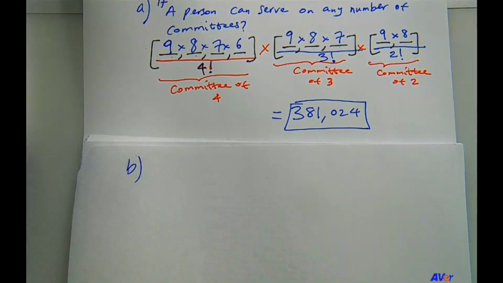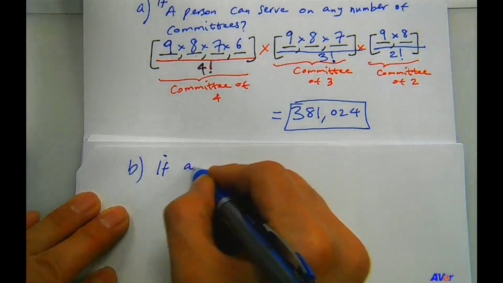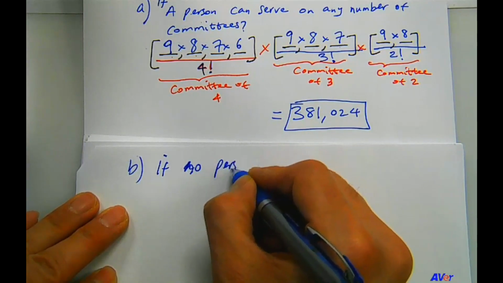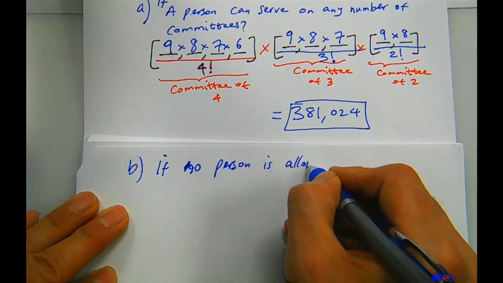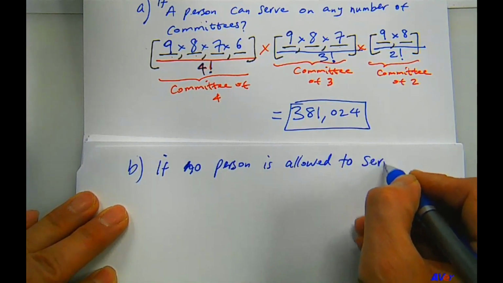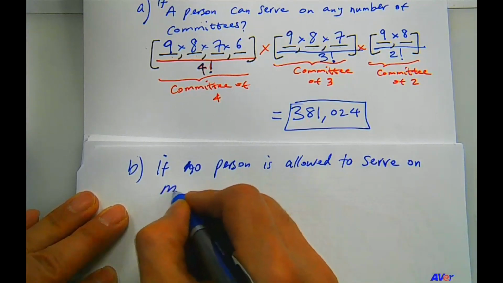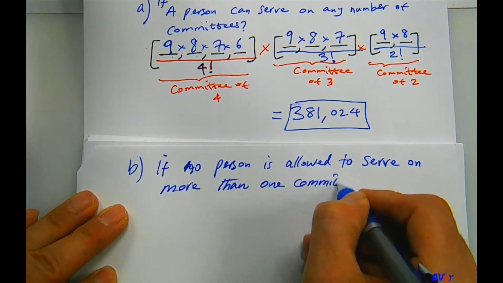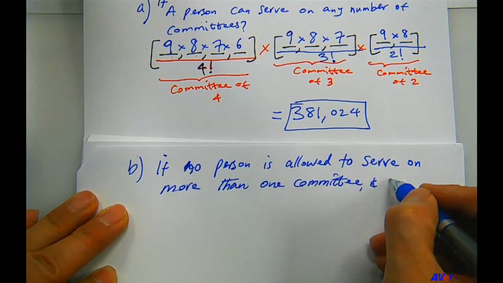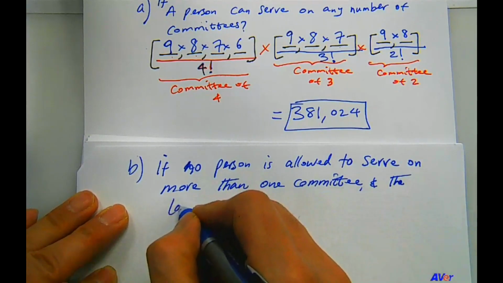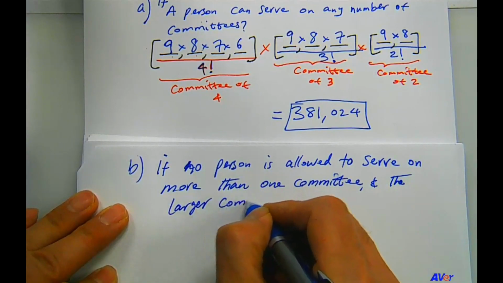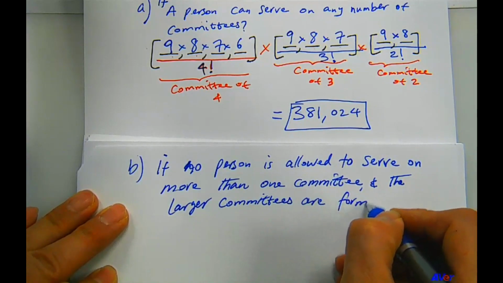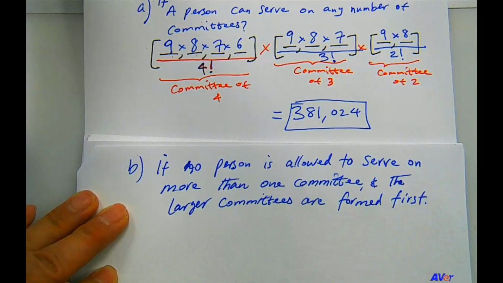So for part B, or I should say if no person is allowed to serve on more than one committee, are formed first.